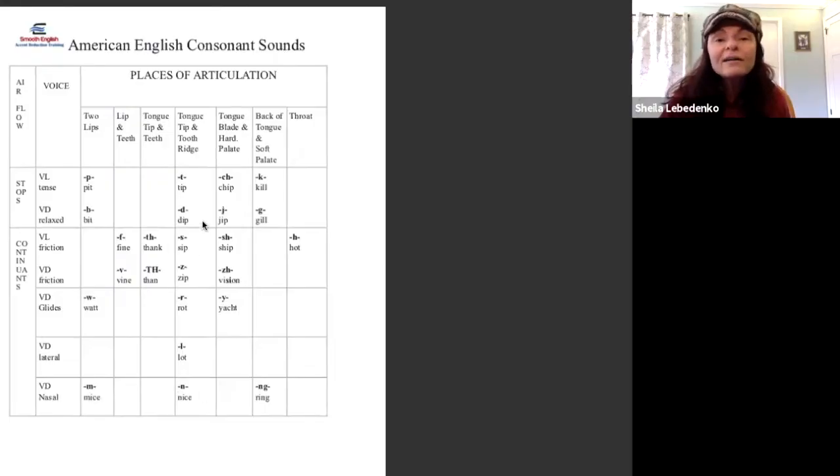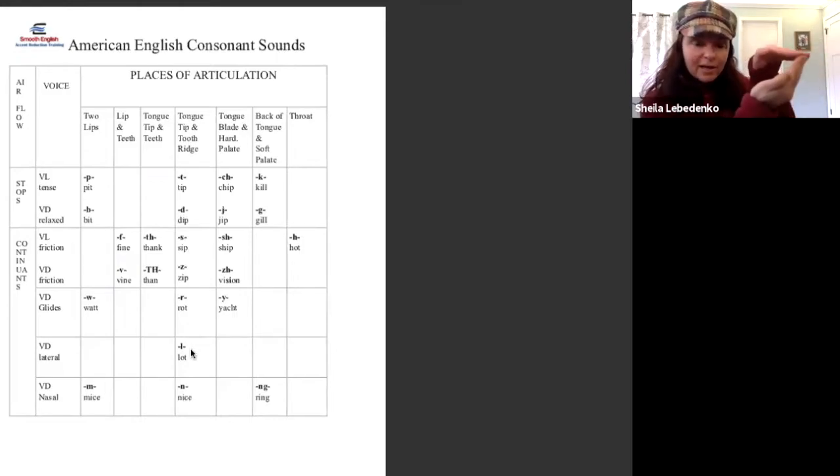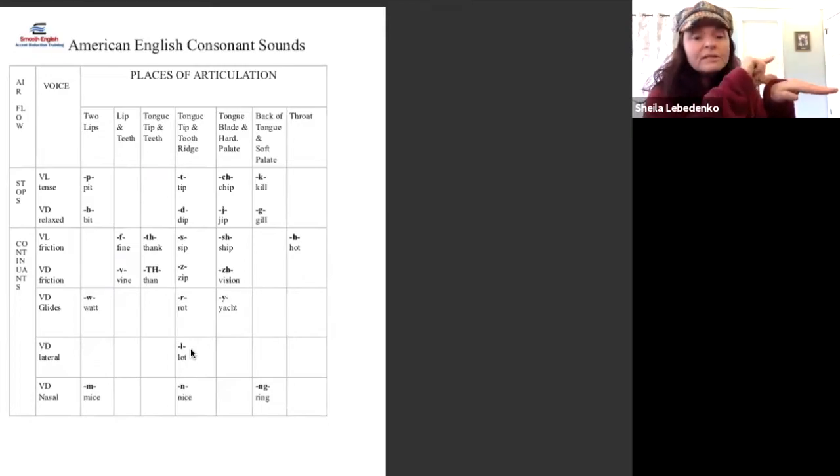We move along to tongue tip and tooth ridge, making the N. Wow, there's a lot of sounds in this column, so we need to be careful not to confuse them. So the N is also just like the D and the L in that the tongue tip touches the top. But remember, the difference is that now you're going to press down the top of your mouth, press your palate down so that the nasal passage will be bigger.